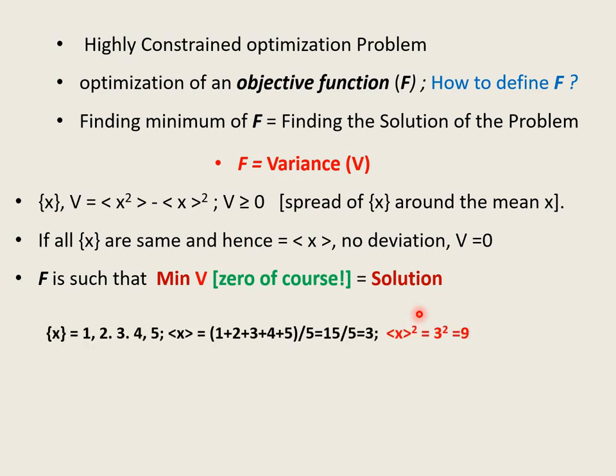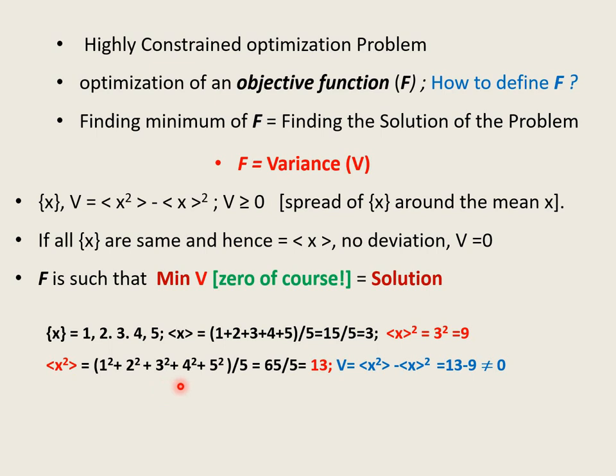But before that, let me quickly check that my claim is true, that when all the values are the same, what happens? Suppose you have taken all different values, 1, 2, 3, 4, 5, then the x average is nothing but 3 and the square of it is 9. But if you take the square average, you square the terms, then you add, and you will get the average to be 13. So if you calculate 13 minus 9, that would give you V not equal to 0.